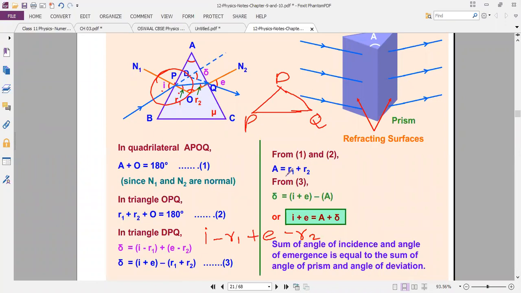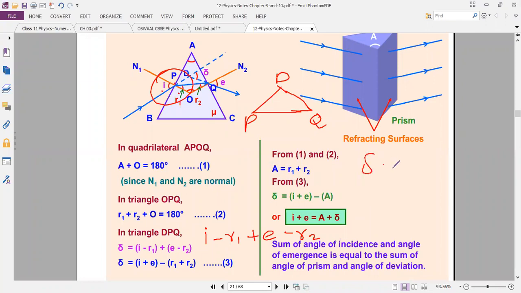You know very well from equation number 1 and 2: A plus O is 180 degrees, and R1 plus R2 plus O is equal to 180 degrees.